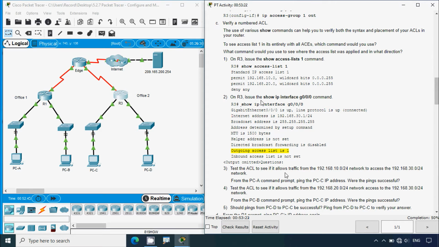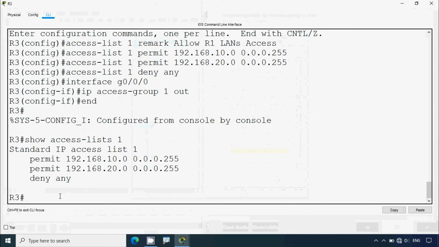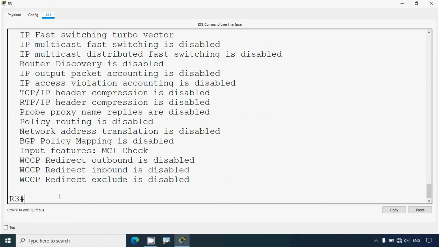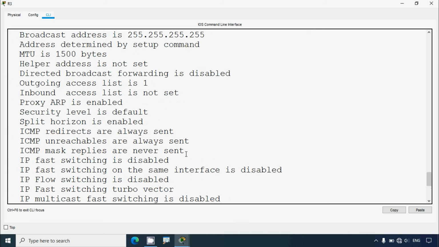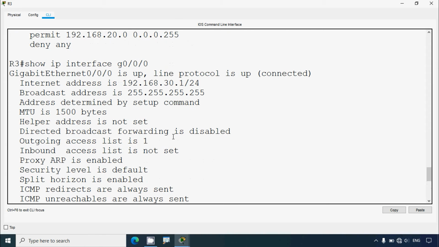Then on R3 issue the show IP interface G0/0/0 command. Okay, so that we can see the direction. We will give show IP interface, that is G0/0/0, and here we can see the direction. Here we can see outgoing access list is 1. Perfect.